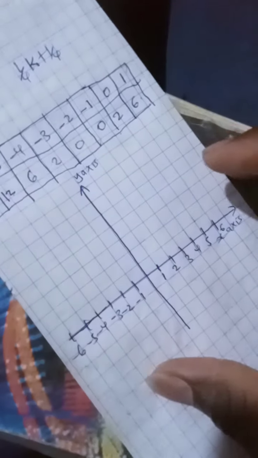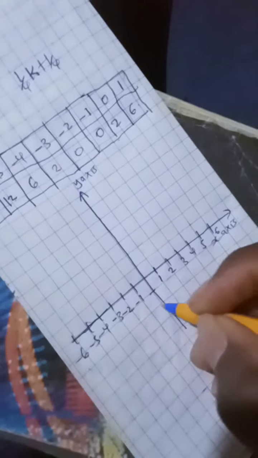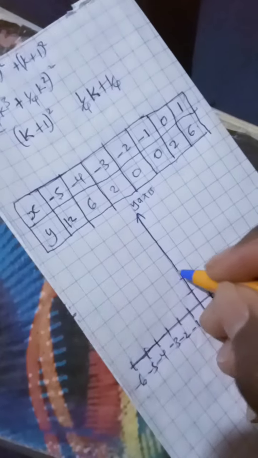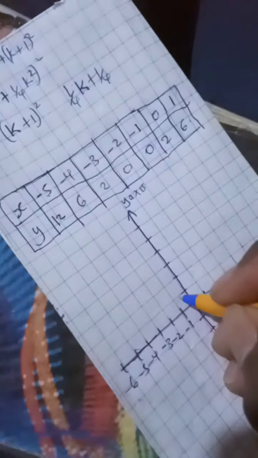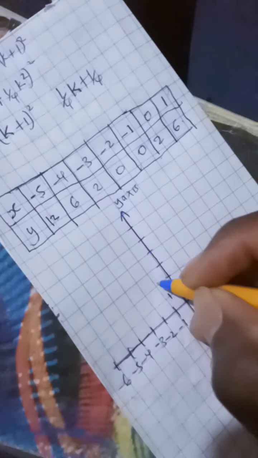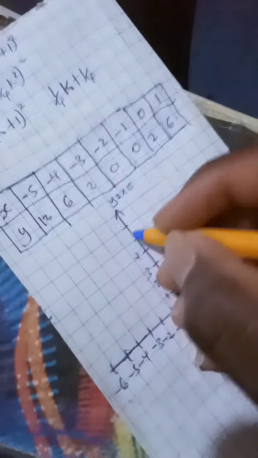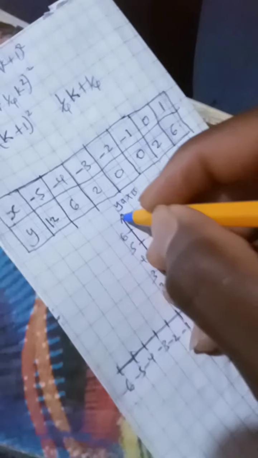Make sure you mark the points at the correct place. So here we will also number our Cartesian plane at the y-axis 1, 2, 3, 4, 5, 6, continuing onwards.